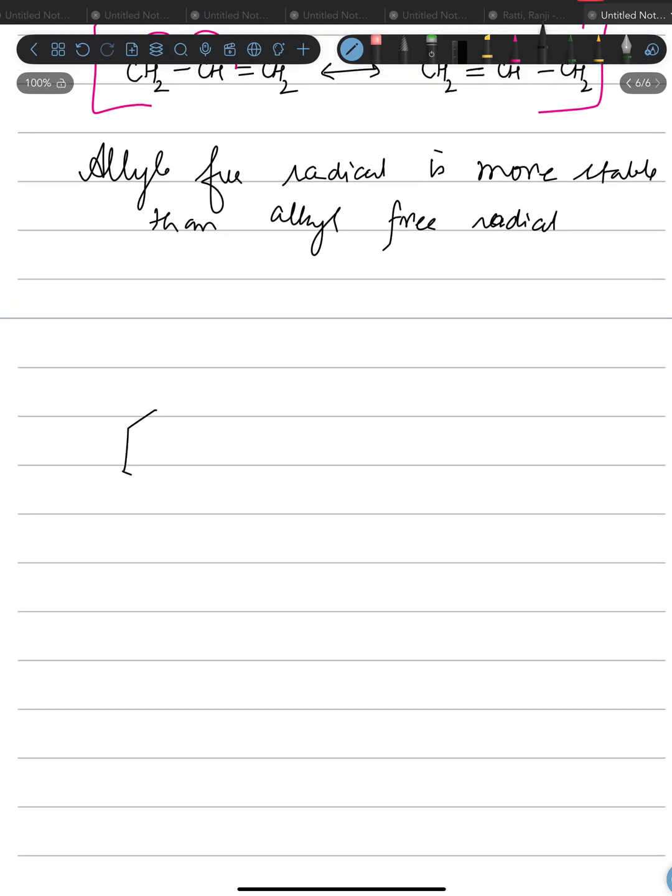Similarly, if I have benzyl free radical, suppose I have this radical. So now this electron from here and that electron from there, they can form a double bond, right?